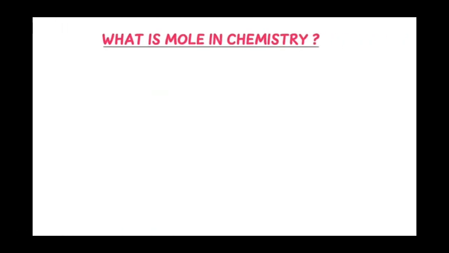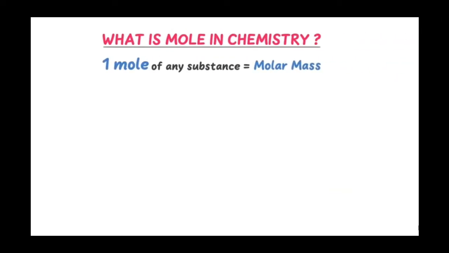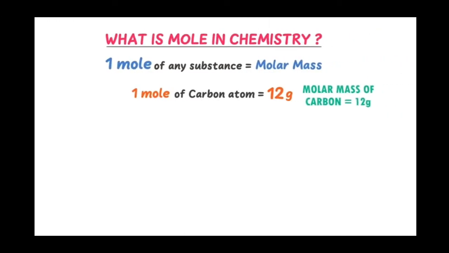Now let's learn about mole. A simple definition for mole is that 1 mole of any substance is equal to its molar mass. For example, 1 mole of carbon atoms is equal to 12 grams. Why is it equal to 12 grams?